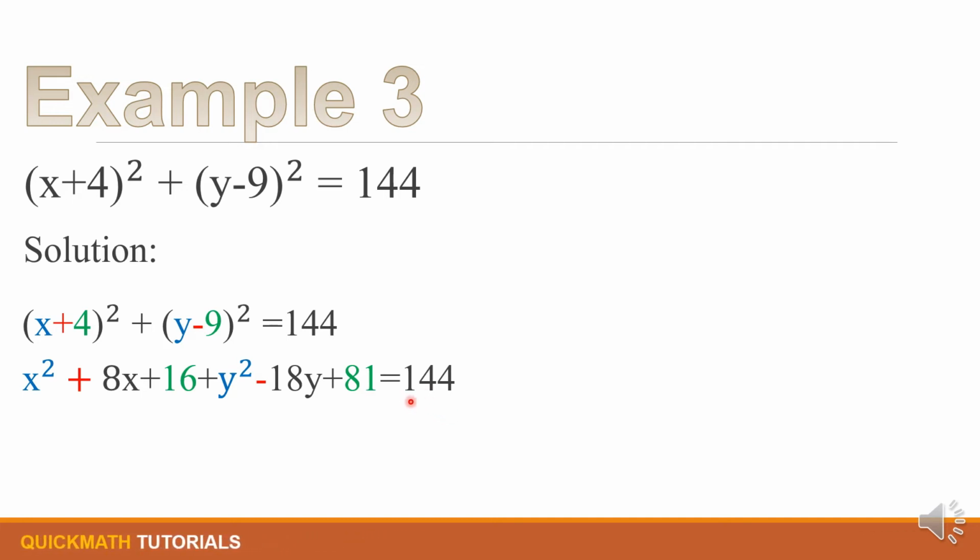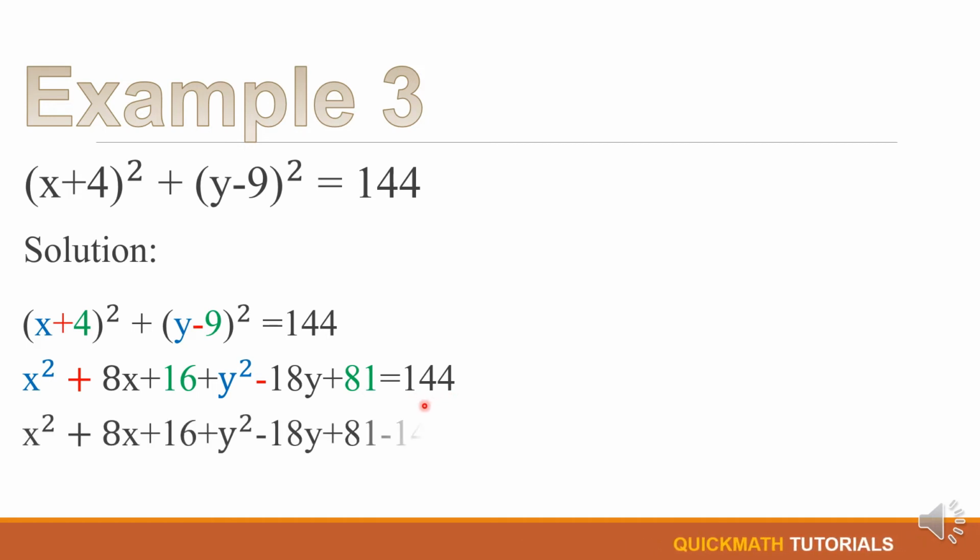Next step, we will equate this equation to 0. So since we have here 144, we will add both sides by negative 144. So that 144 minus 144 is equal to 0.